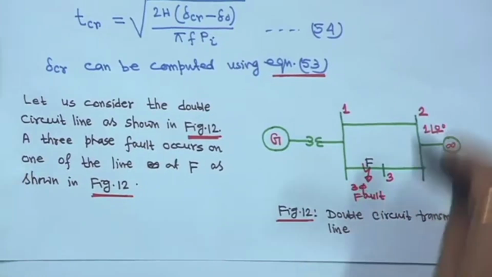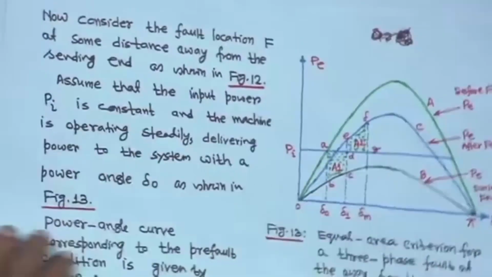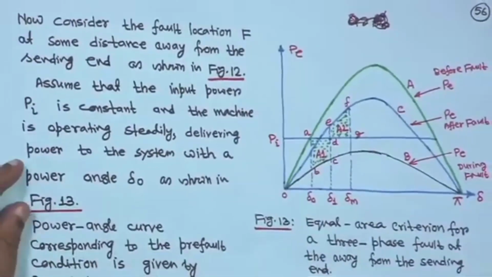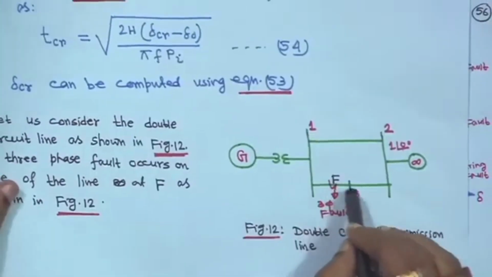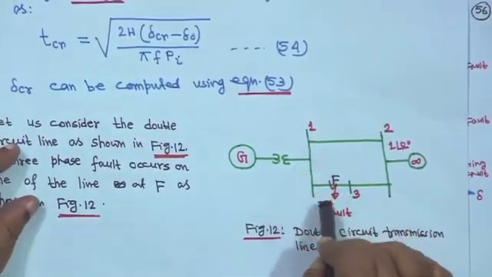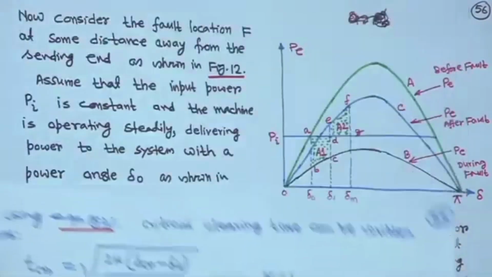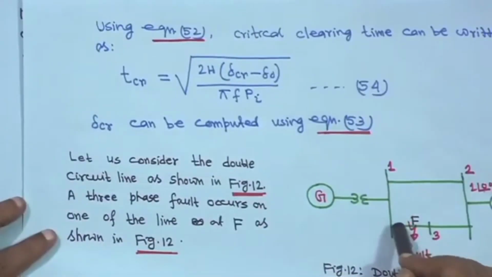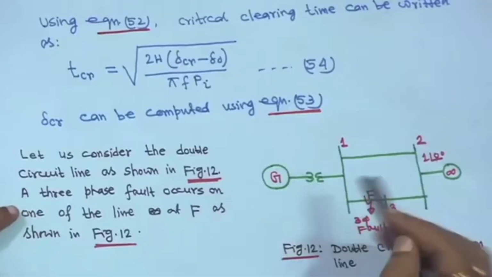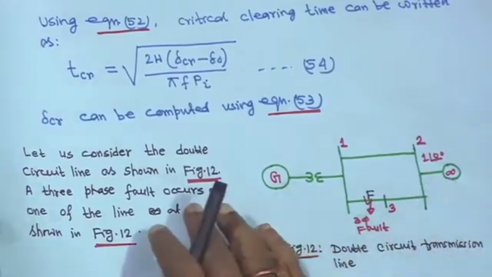Now consider the fault location at F. As I told you, it is at some distance from bus 1. This side is the sending end, and this is the receiving end.